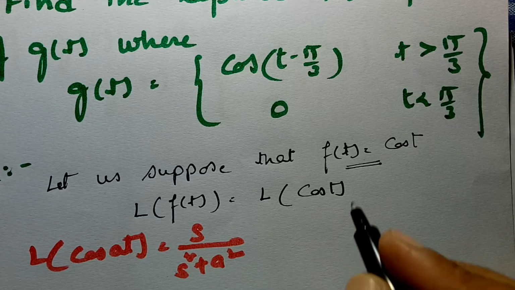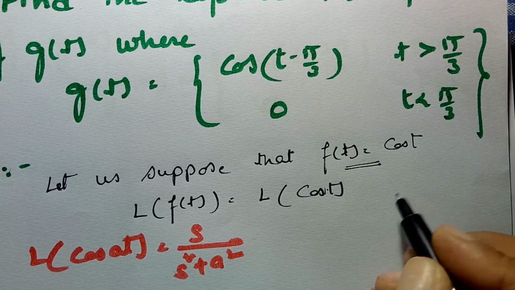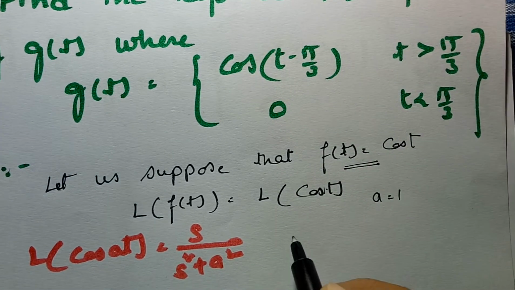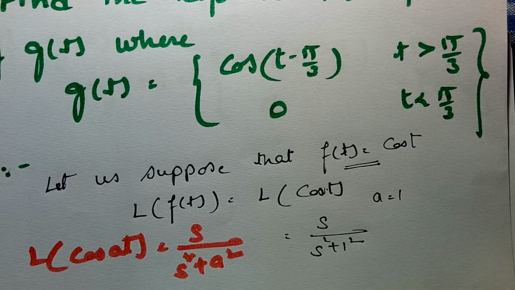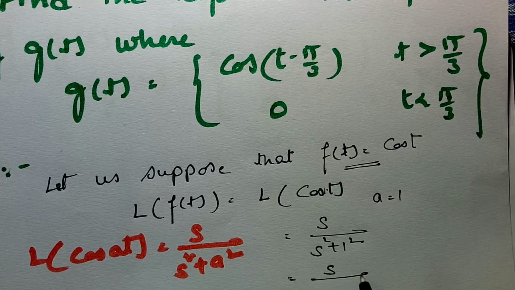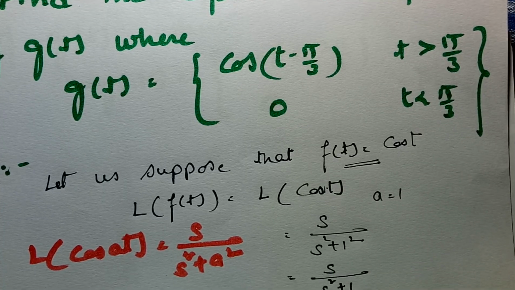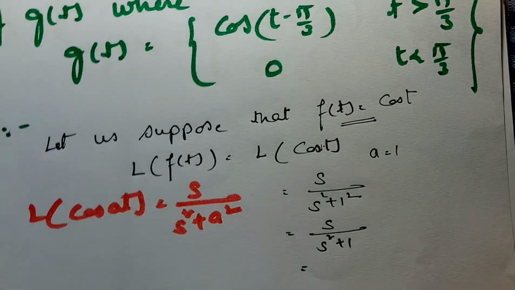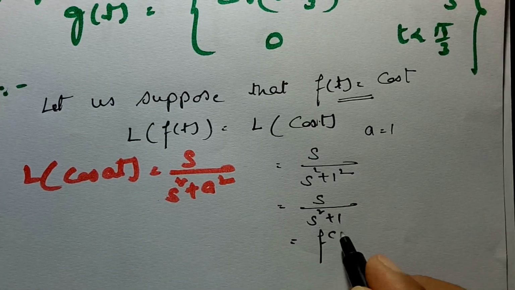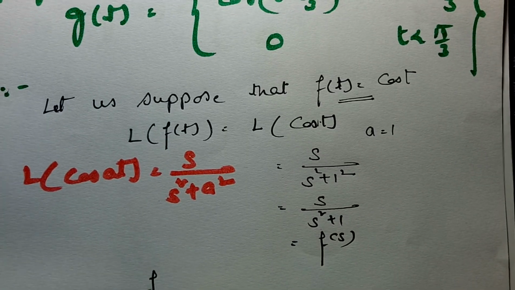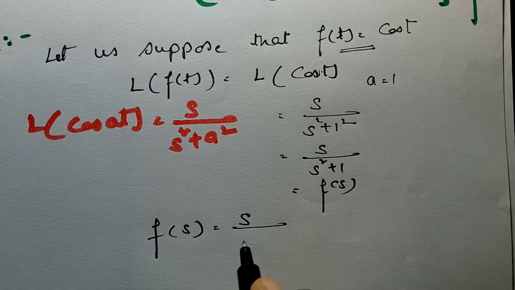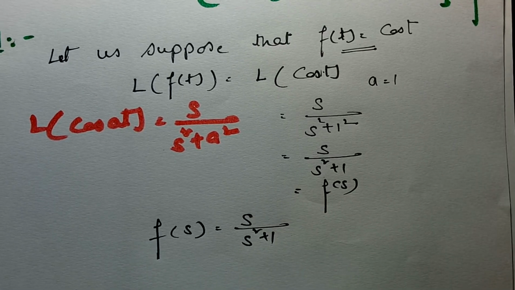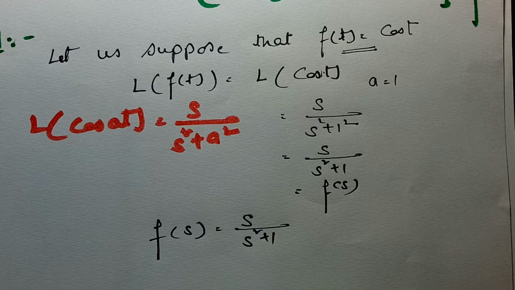Here what is a? a is the coefficient of t, so a is equal to 1. So I'll get s by s square plus 1 square, so it is s by s square plus 1, which is equal to F of s. So I got the value of F of s as s by s square plus 1. This I have to remember.